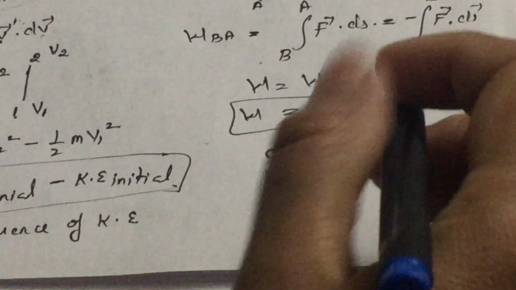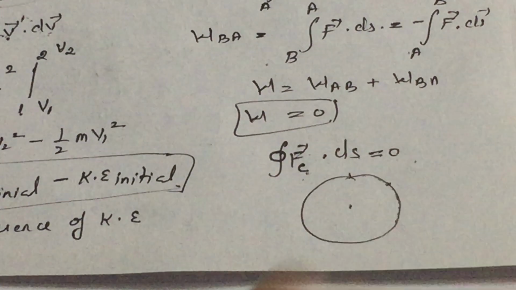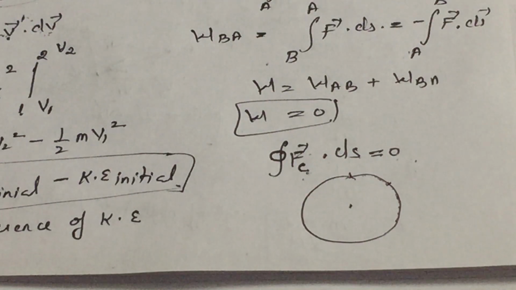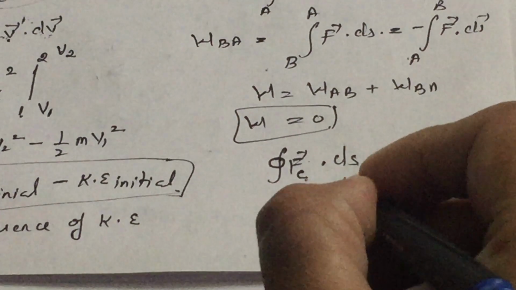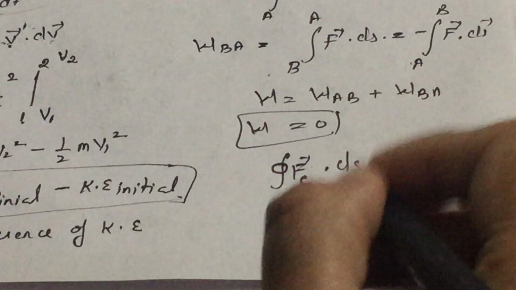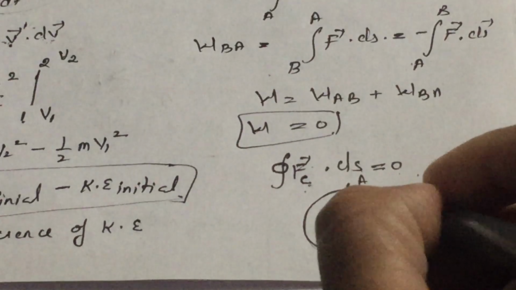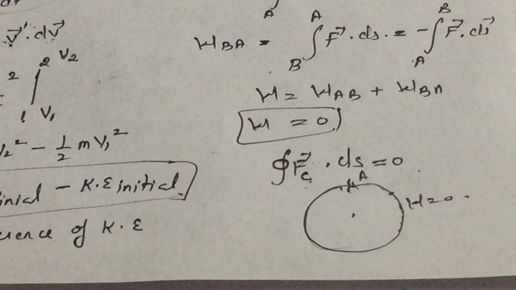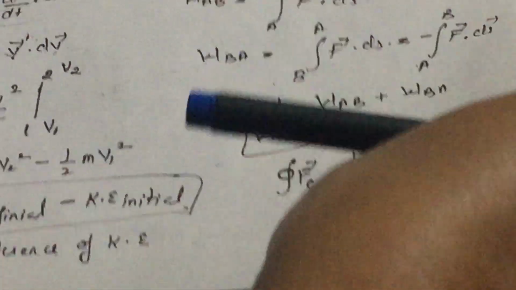It means if a particle is moving in a closed loop or showing a rotational motion, moving in a circle from point A, completing a rotation and again coming to point A, the work done in this case is equal to 0 if the applied force is conservative.